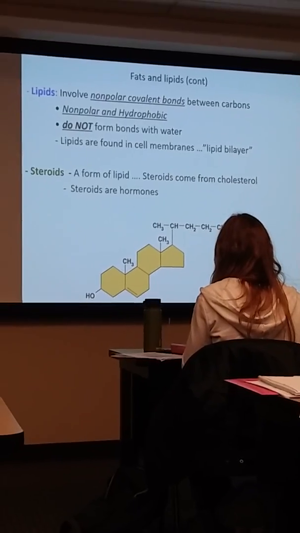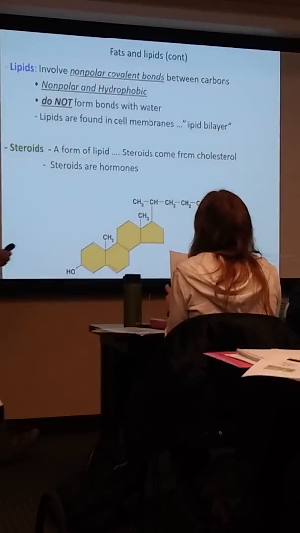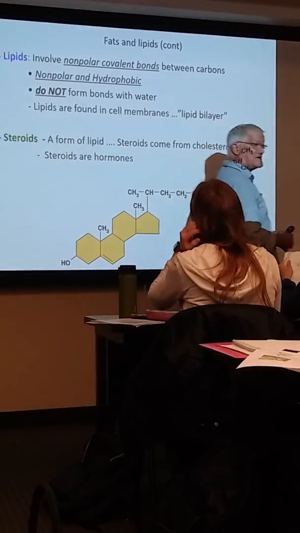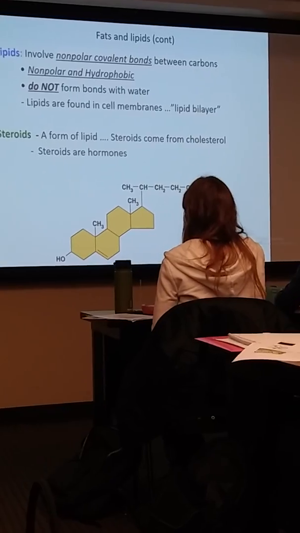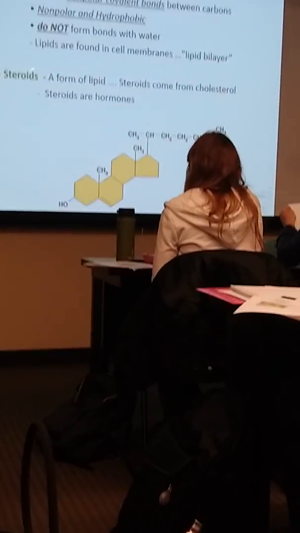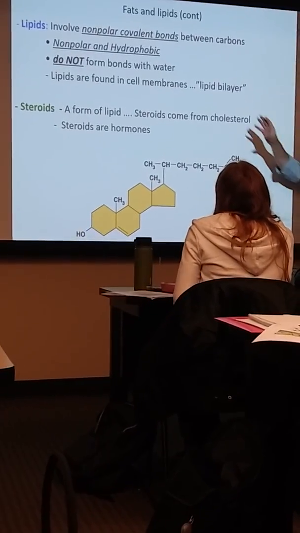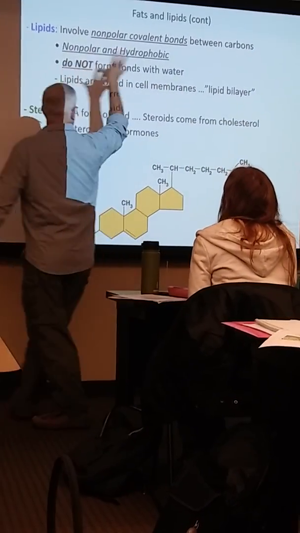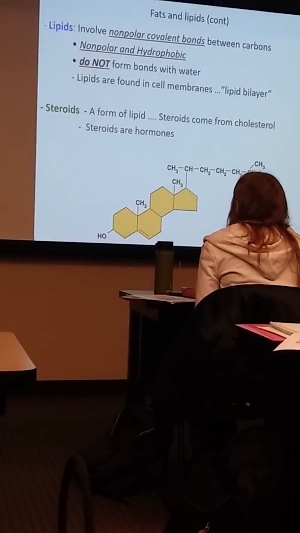All right, now, lipids we know are nonpolar. They're nonpolar covalent bonds. We know they do not form bonds with water because they are hydrophobic. Another kind of lipid is called a steroid, or sterols. Steroids are hormones, like testosterone, cortisol.